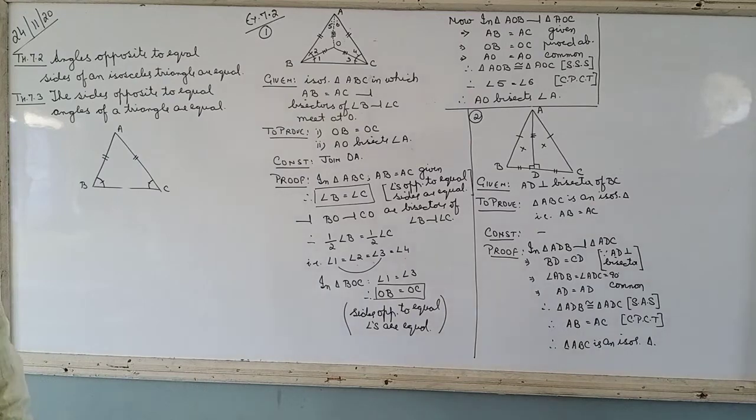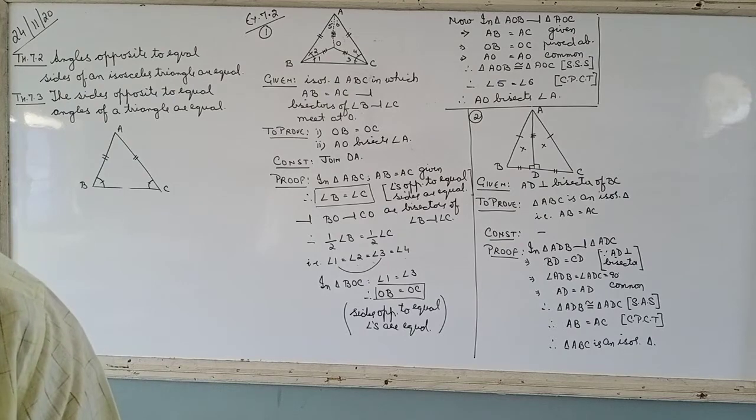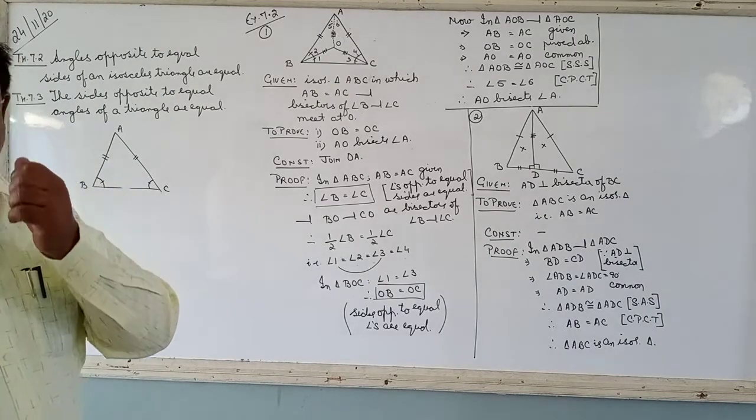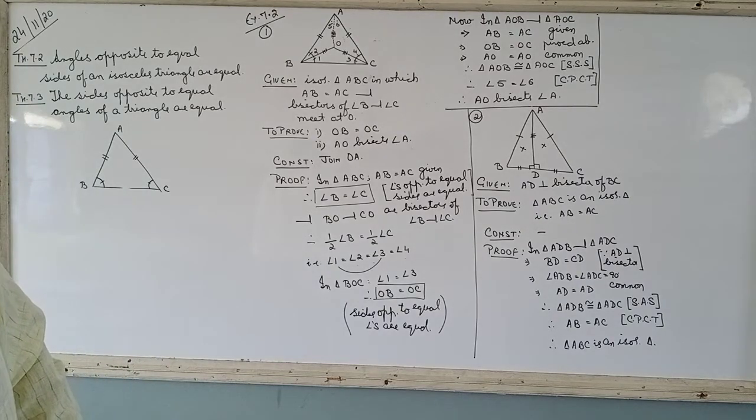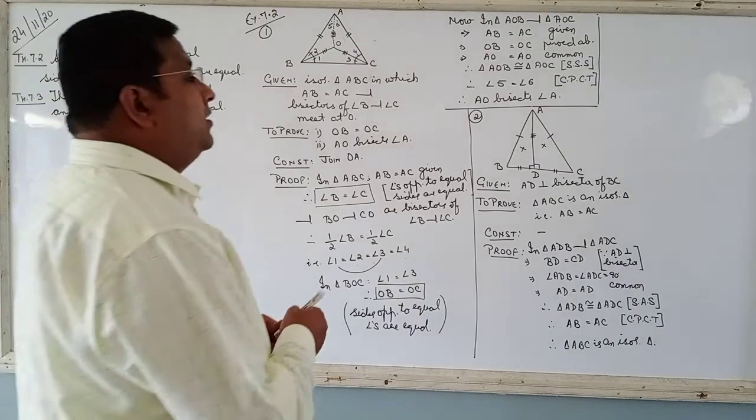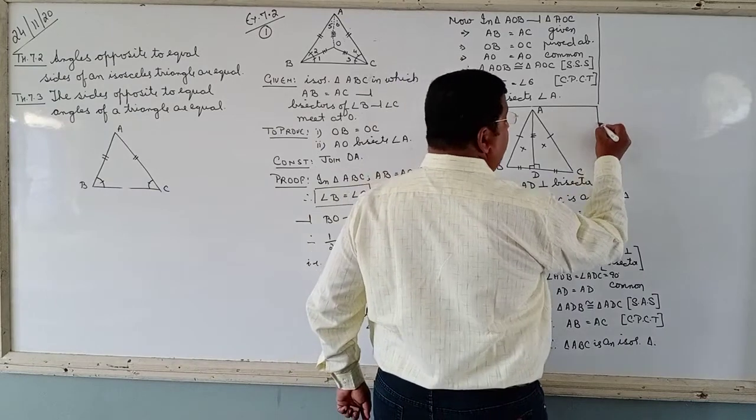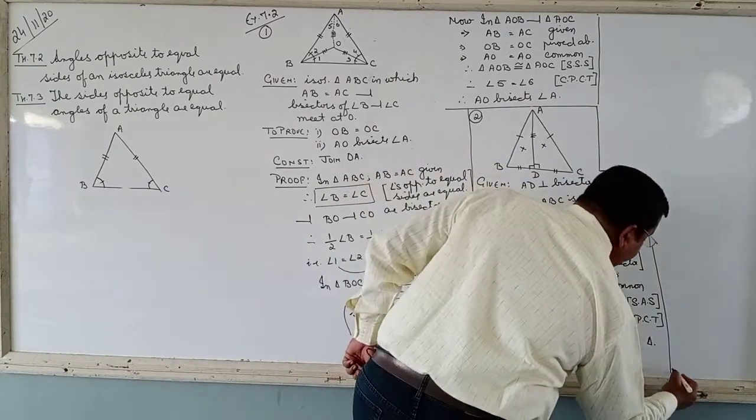Clear? Properties of an isosceles triangle, we have used them in lower classes. Here we are just applying them. Nothing new. Take a look at question number 5. Very, very simple question. Question number 5.